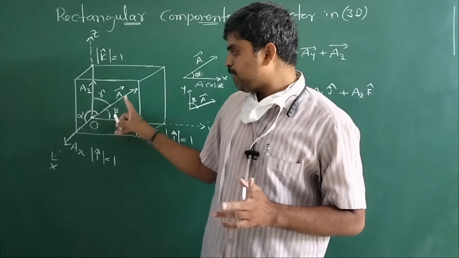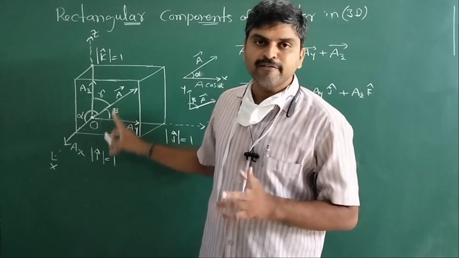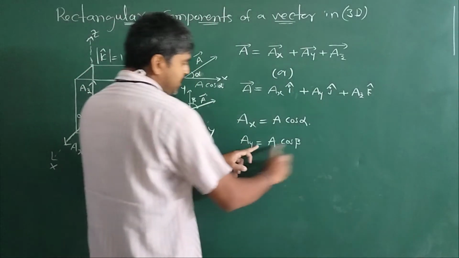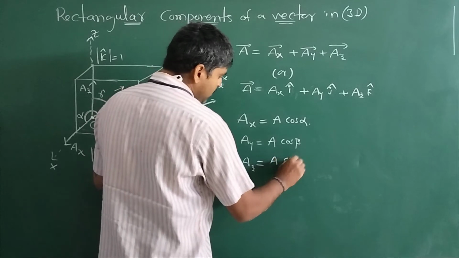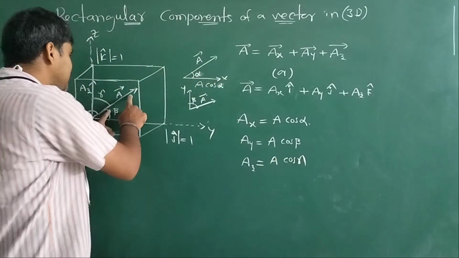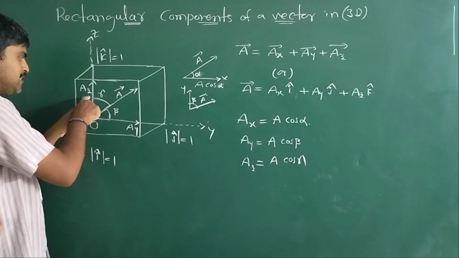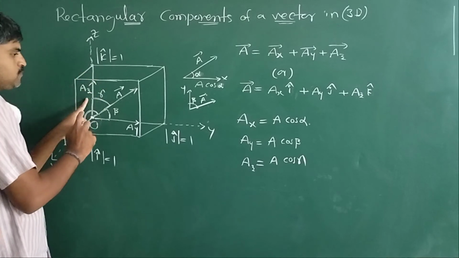This a bar has some effect in the x direction, some effect in the y direction, and some effect in the z direction. So here ay is a cos beta and az is a cos gamma. Because this a bar vector has an effect in this direction, this component is a cos gamma.